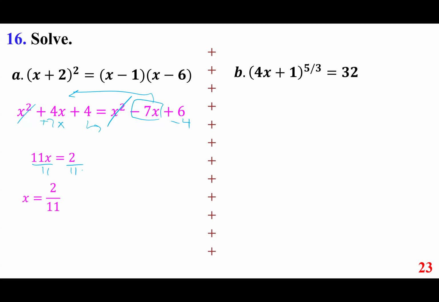What about (4x plus 1) to the power of 5 thirds equals 32? How do you solve that? To undo the exponent, you raise both sides to the power of the reciprocal of 5 thirds, 3 fifths. So as you can see, this is 1, so it's 4x plus 1.